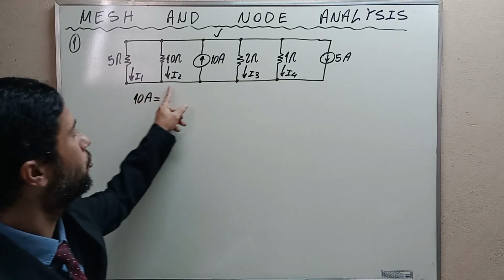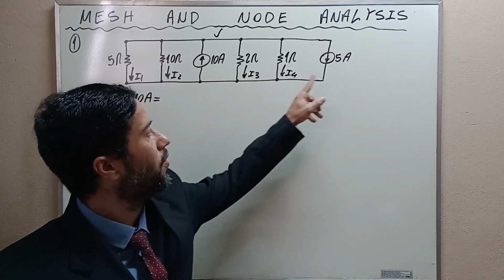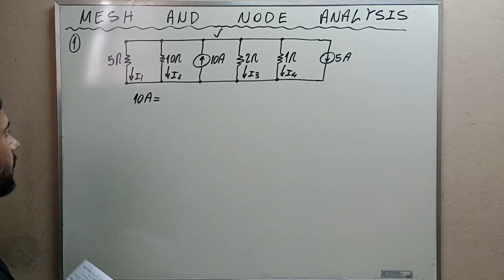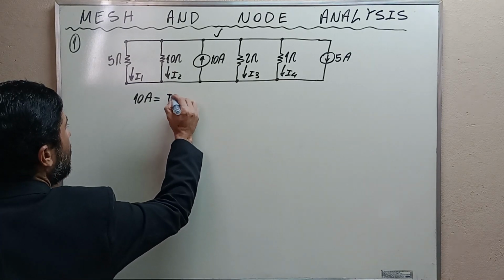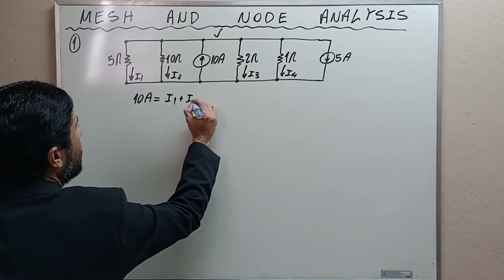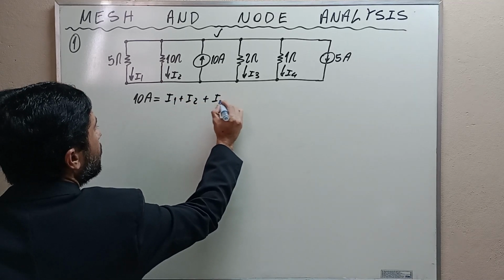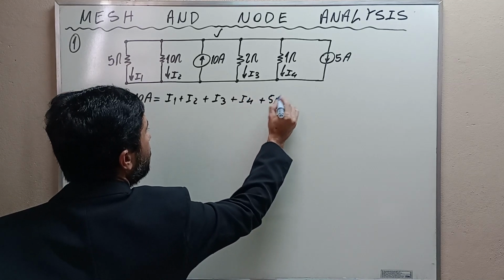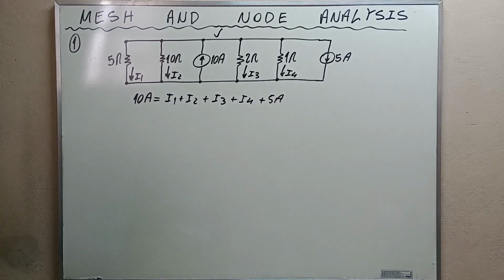I1, I2, I3, I4, and 5 amps. Okay? So we write them. 10 amps equals I1 plus I2 plus I3 plus I4 plus 5 amps. Okay, my friends?